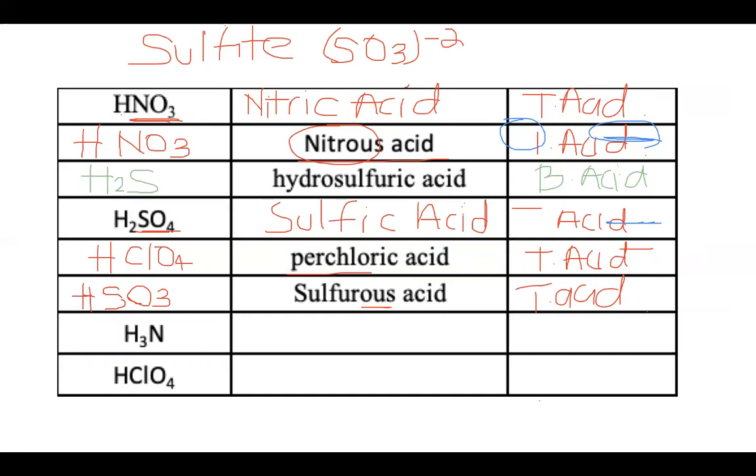So we know that sulfite is SO3 with a charge of -2. So check what I'm going to be writing here at the bottom. I have H with a charge of +1, and then I have SO3 with a charge of -2.